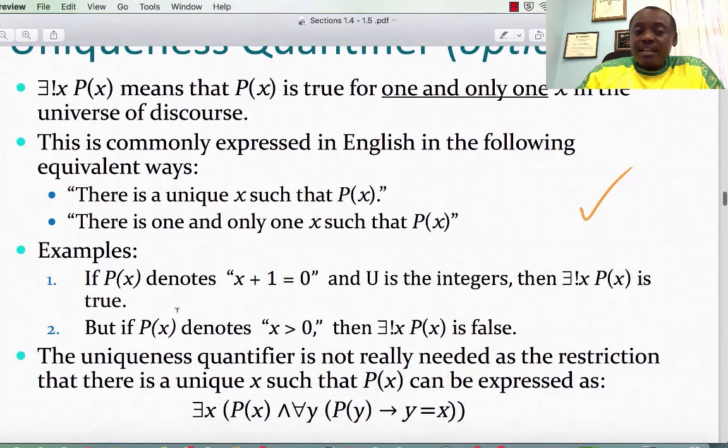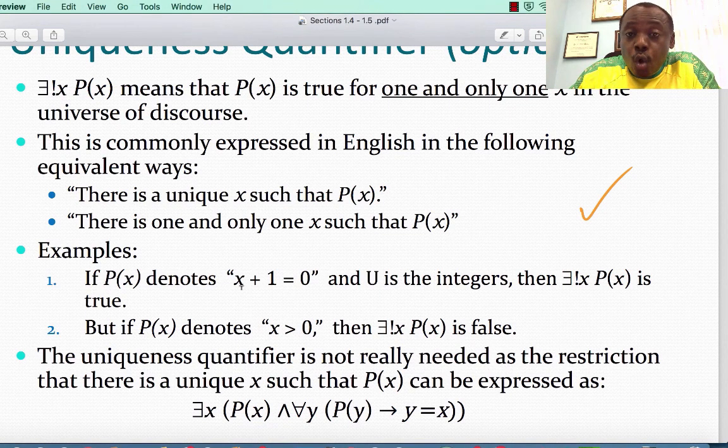For example, let p of x be the predicate x plus 1 equals 0, and let the domain be the set of integers. Can you have two or more values of x for which x plus 1 equals 0? No, it's unique.